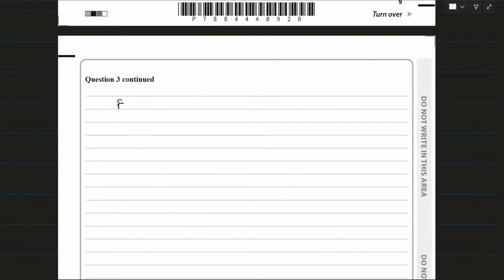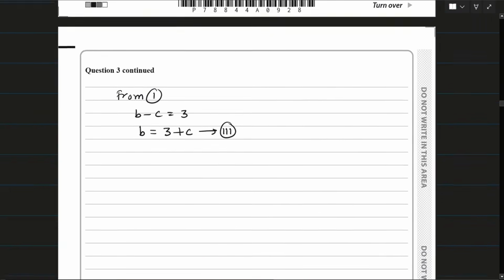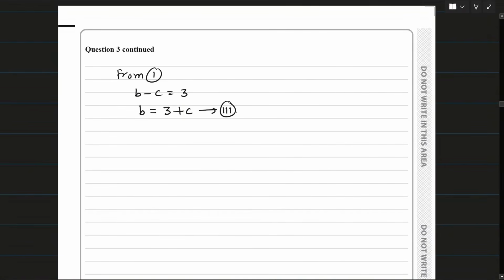I'm going to choose equation 1, which was B minus C is equal to 3. From this I can isolate B, which gives us 3 plus C. This is our expression 3. Now I'm going to substitute 3 plus C in place of B in equation 2.